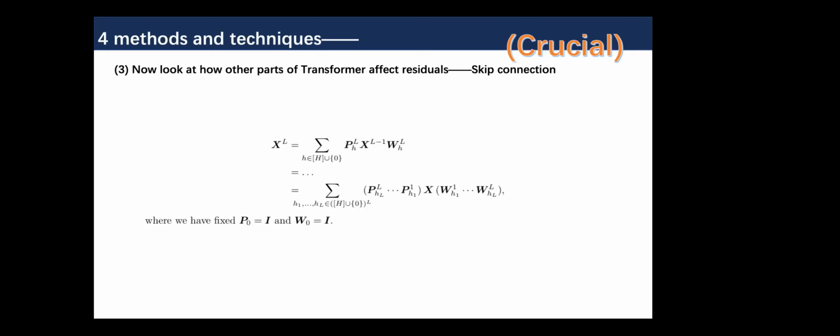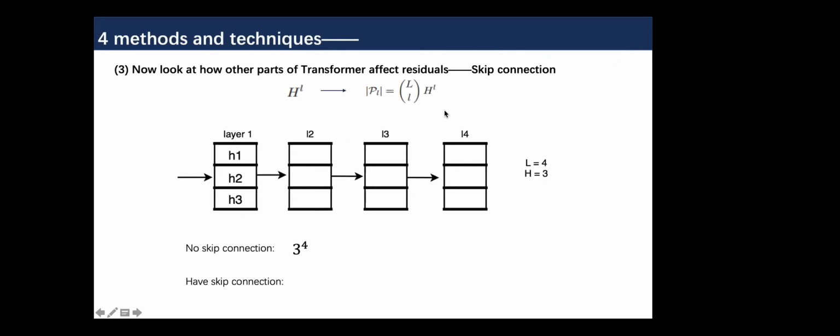We can see the difference here. H belongs to big H, but now it also includes 0. If H equals 0, it means skipping layers. This will first increase the number of paths from L to this one. I will explain why they increase the number of paths.